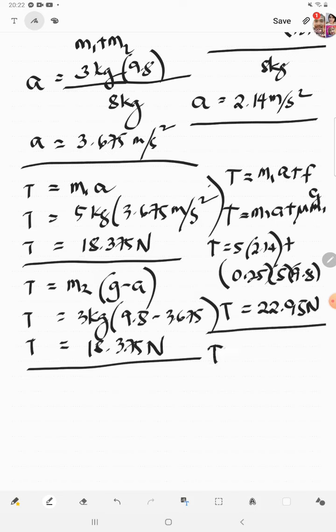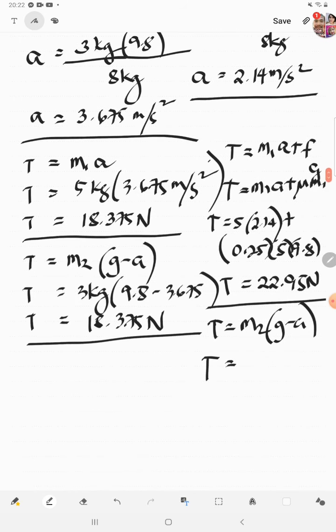Okay, so T is simply equal to M2G minus A. T is simply equal to M2, which is equal to 3, times 9.8 minus 2.14.